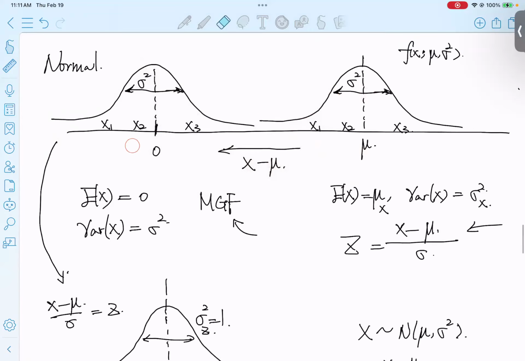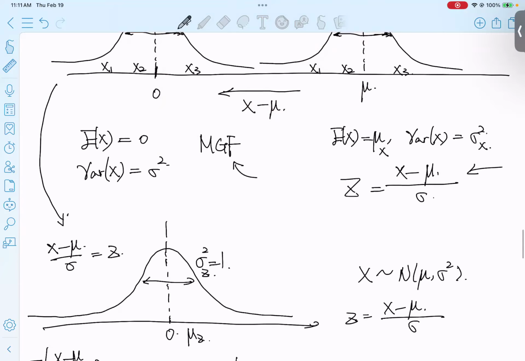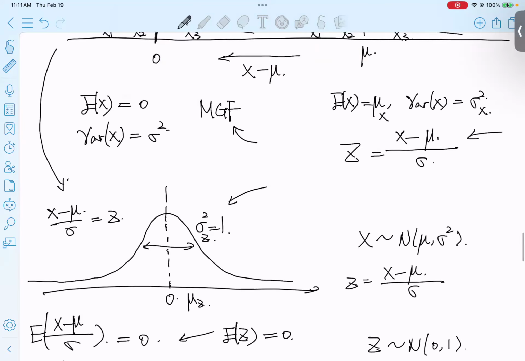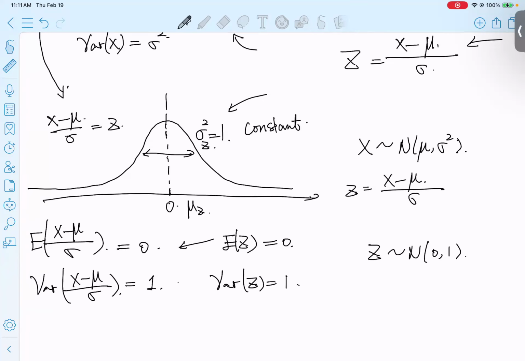If you drag by mu, you are moving toward 0. Scaling that random variable reduces the variability to a constant, which is 1. And then you end up with the standard normal here. Okay, so this is called standardization.